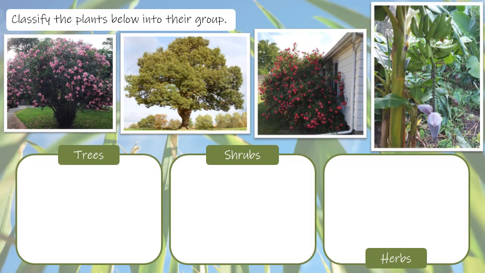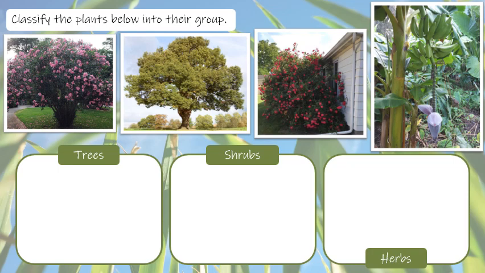Trees are large in size with a thick, hard woody stem called a trunk. Shrubs are smaller than trees. They have a medium size and they have many woody stems. Herbs have green stems and they are small in size.